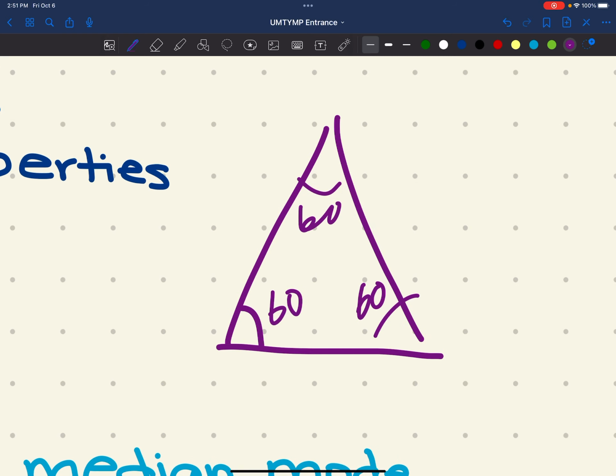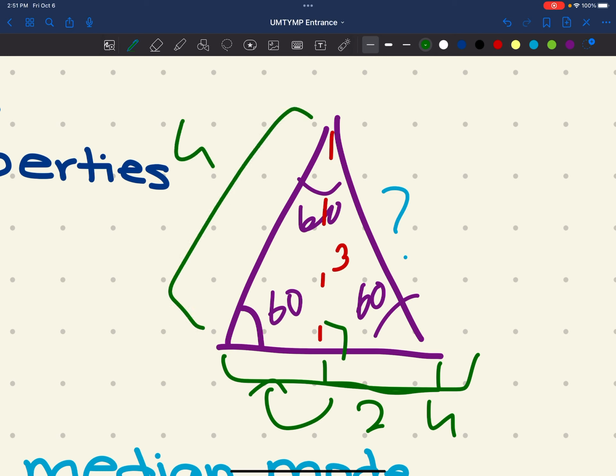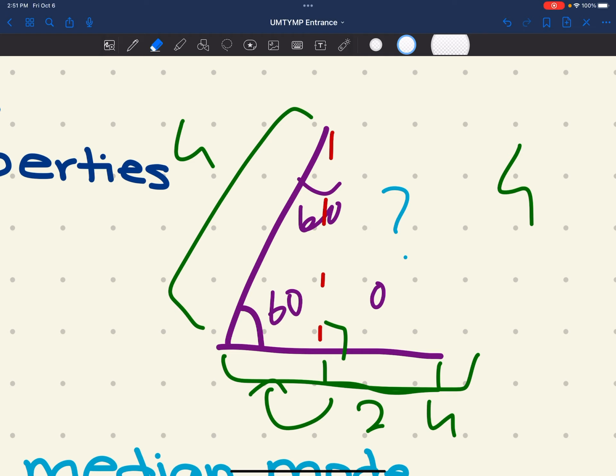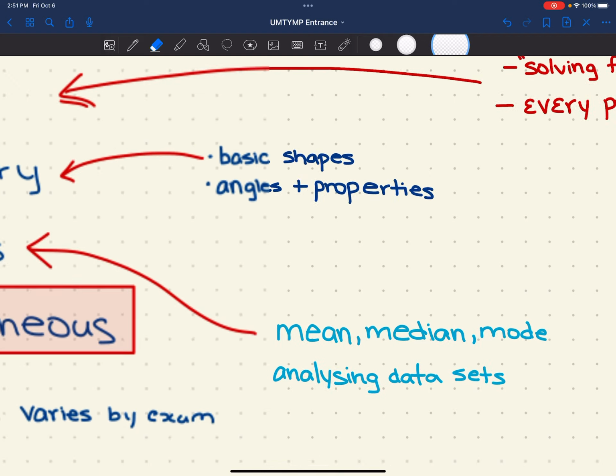You might be given that one side is 3, or given that this part is 2, and you should know that since it's half of this, the entire side length is 4. So hence everything else should be 4, right? It won't be that complicated, but it's just an example of what might appear on the exam.